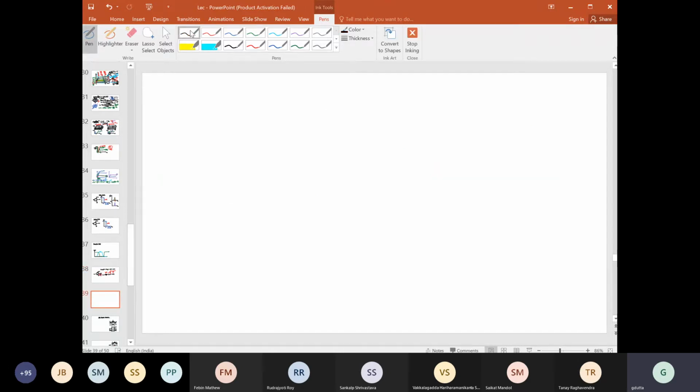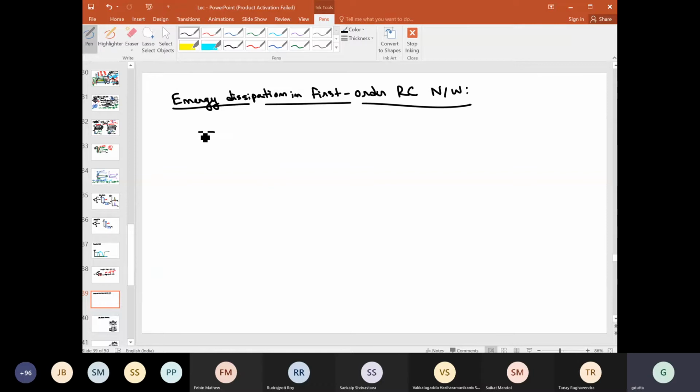Okay, so energy dissipation in first order RC network. Again, we will draw this quickly. This is R, this is C, this is V out, and this is the step input V in.